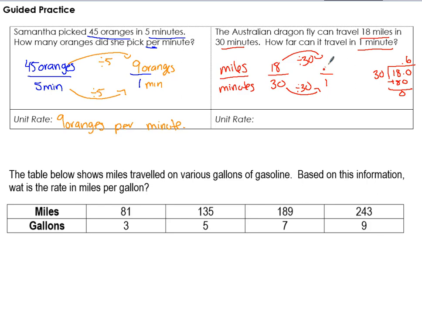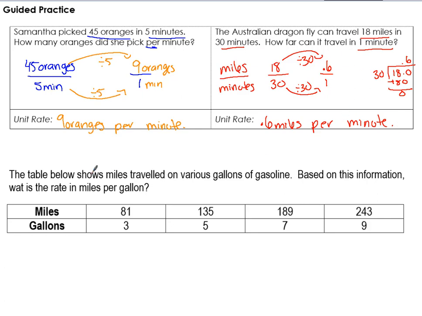So my answer is 6/10. So a dragonfly can travel 6/10 of a mile per minute, or in 1 minute.